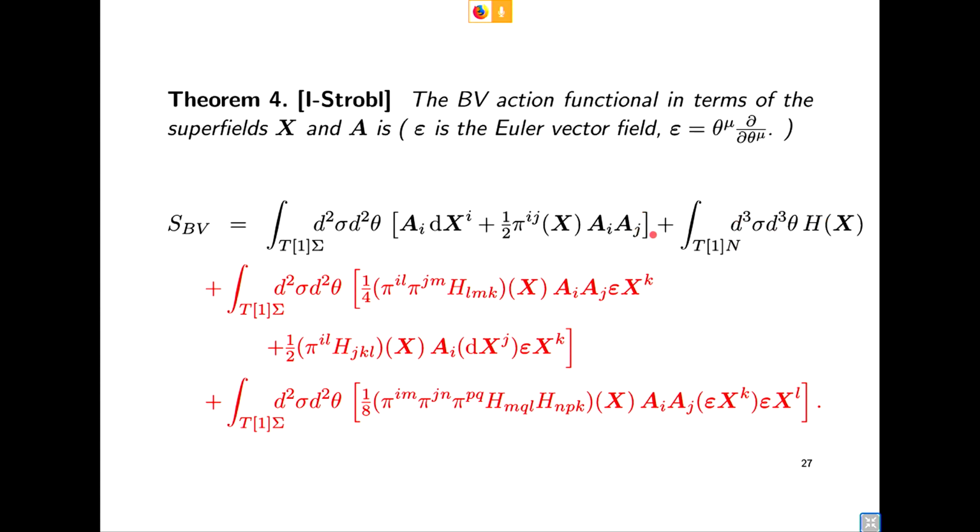Almost all AKSZ sigma models are classified. If H equals 0, this works. This is one of the simplest, the two-dimensional AKSZ sigma model, which is the Poisson sigma model. The AKSZ sigma model in 2 dimensions is the Poisson sigma model.